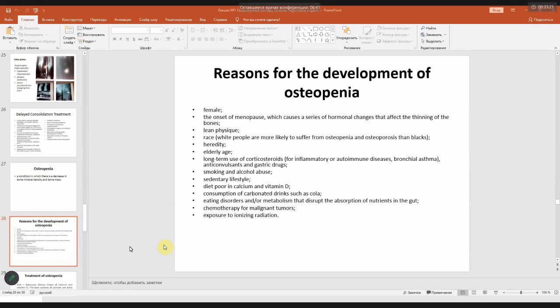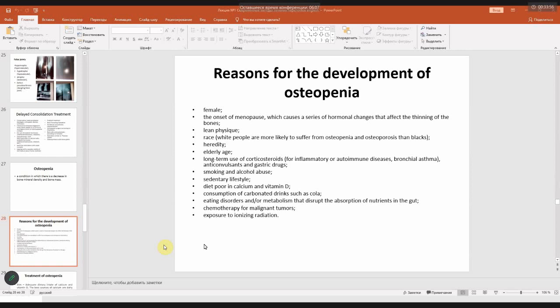Physical inactivity, race, long-term use of corticosteroids, smoking and alcohol abuse, sedentary lifestyle, a diet poor in calcium and vitamin D, consumption of carbonated drinks such as cola.